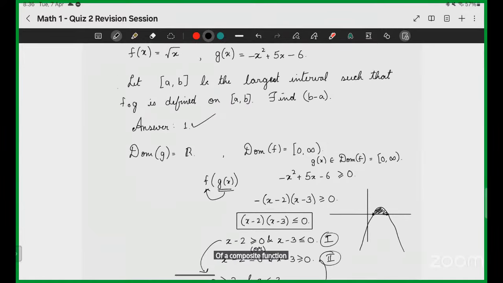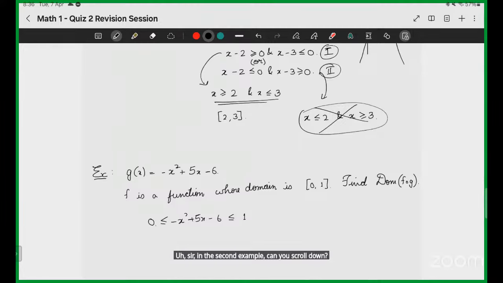Sir, in the second example, can you scroll down? Here, this inequality, less than or equal to 1. Here I'm getting some kind of complex roots for x, so there will be no such x for the domain.